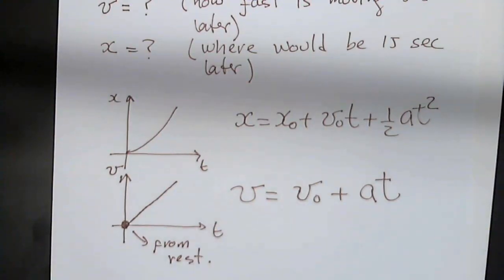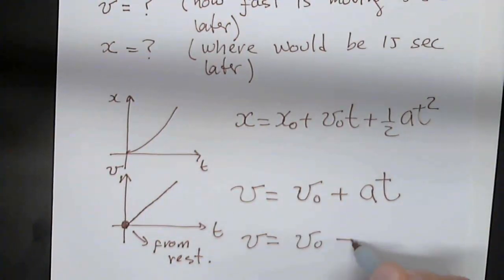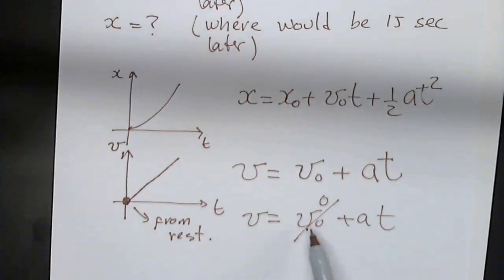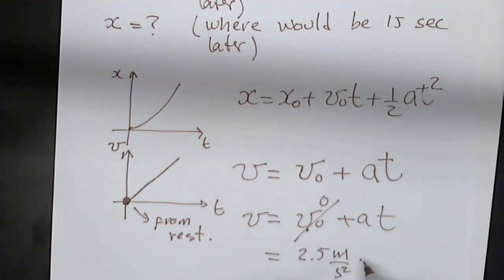Now for the first case, the velocity, let me write the equation again. You cross this out because it's at rest at the beginning, and you just need to multiply 2.5 meters per second squared times 15 seconds.